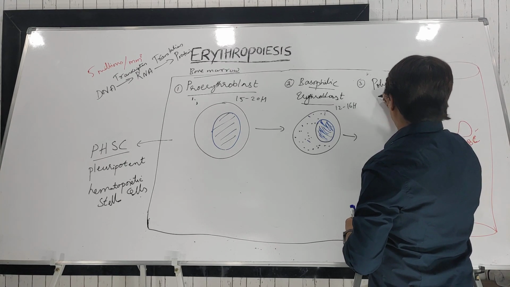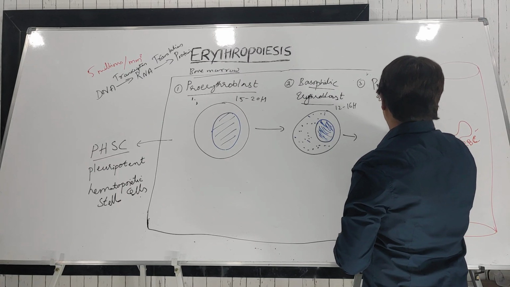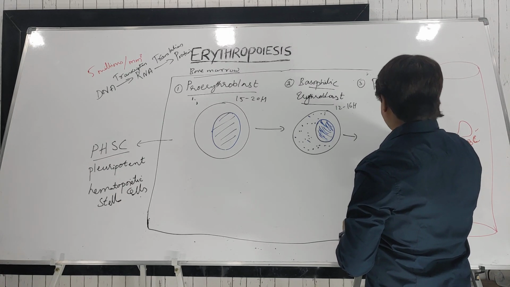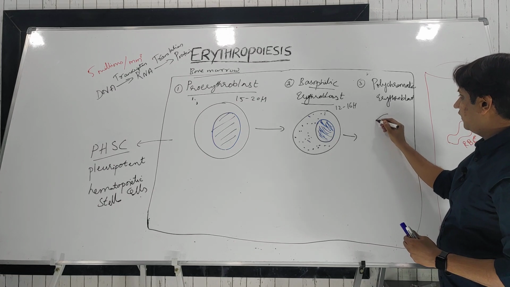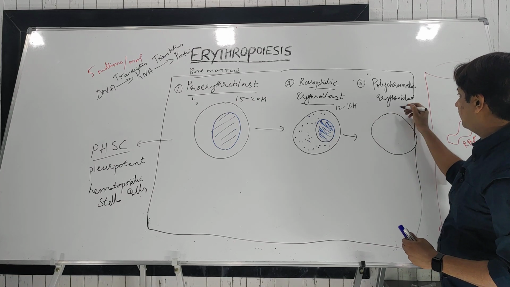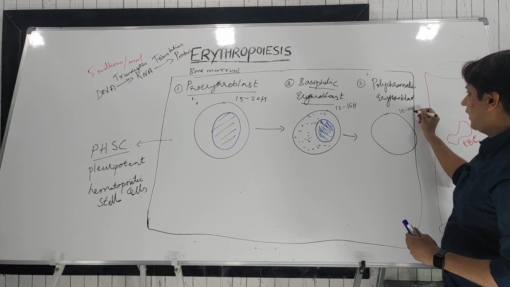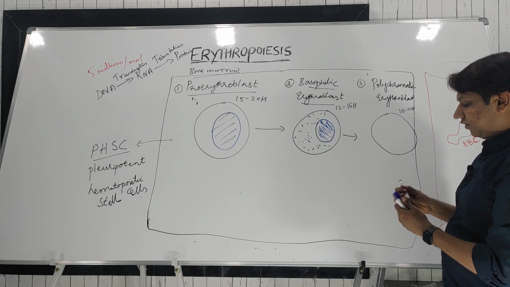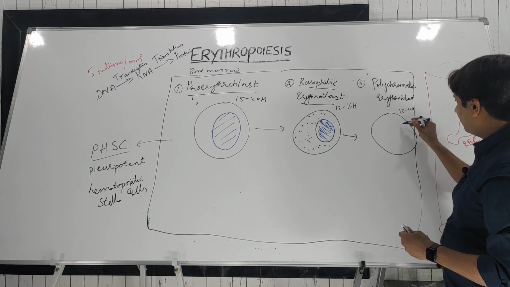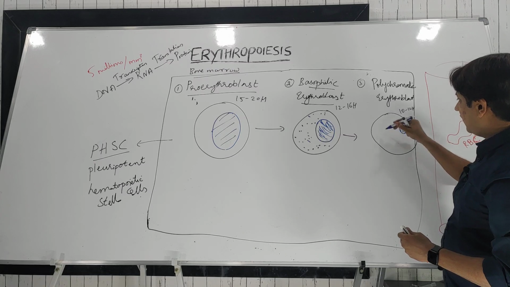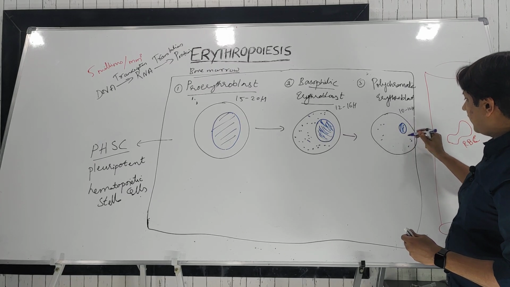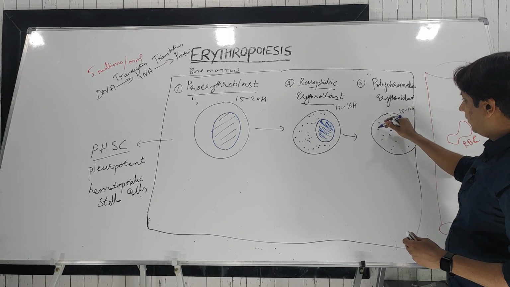Polychromatic erythroblast. Again the cell size further decreases. It will be around 10 to 12 microns, and the nucleus still condenses, the nucleus size still decreases. Again, due to the presence of RNA there will be some basophilic material.